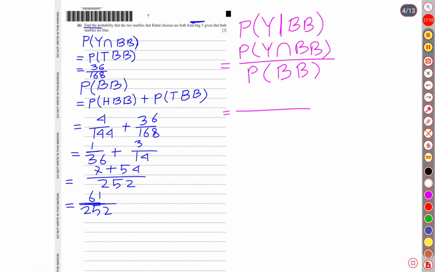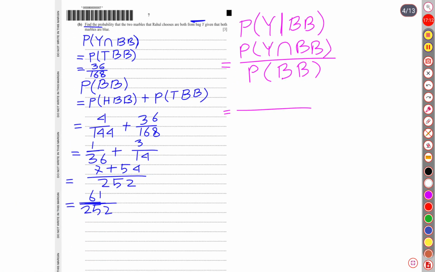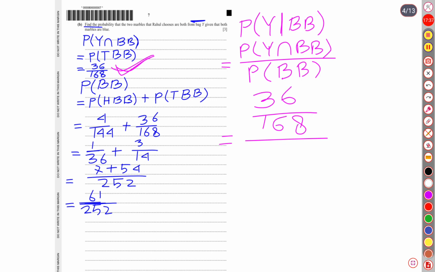Look, we have obtained this as the value of Y intersection blue, blue. So we can write 36 over 168 as the numerator, and the denominator is 61 over 252.